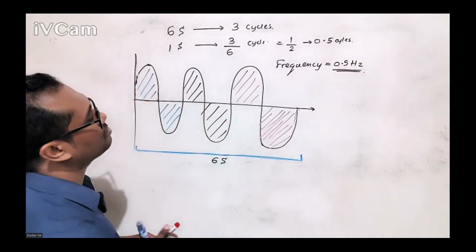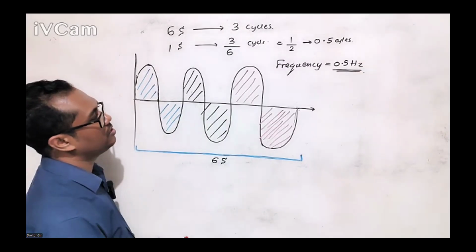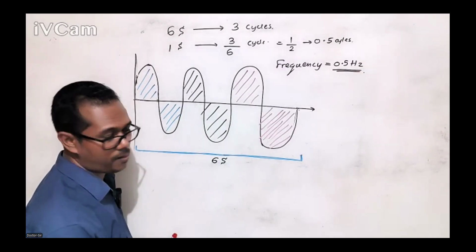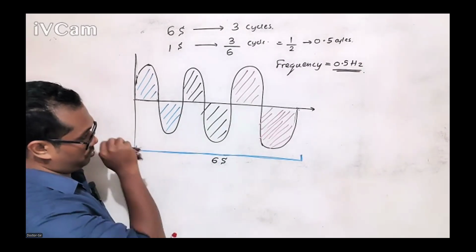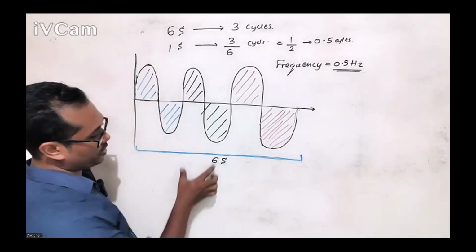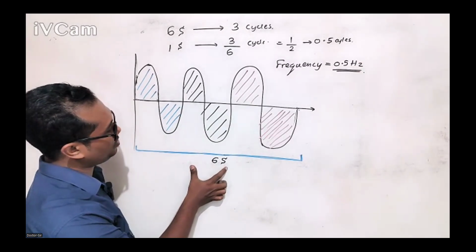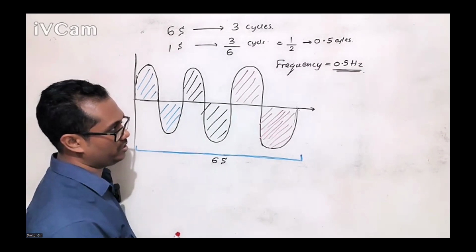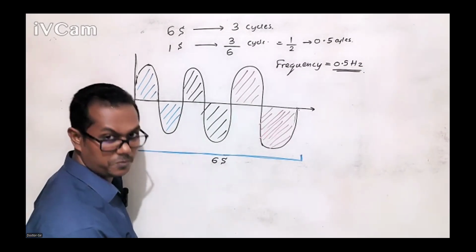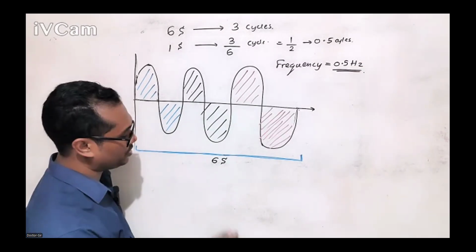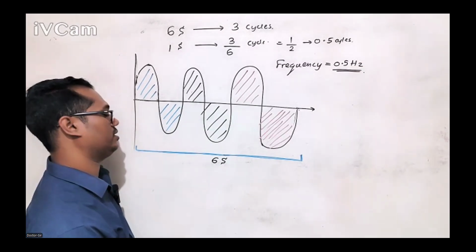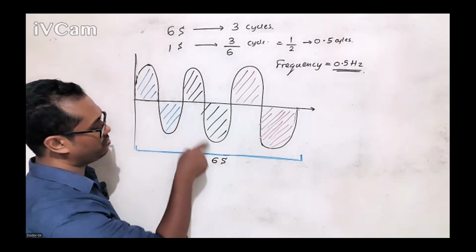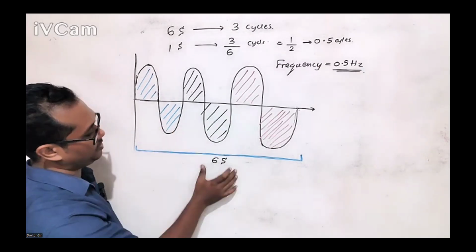Now we have come to a different scenario, a different story. Altogether this is 6 seconds. So what is the time duration for one wave cycle? Altogether 3 wave cycles are taking 6 seconds.